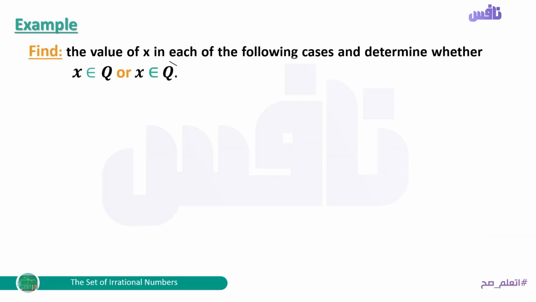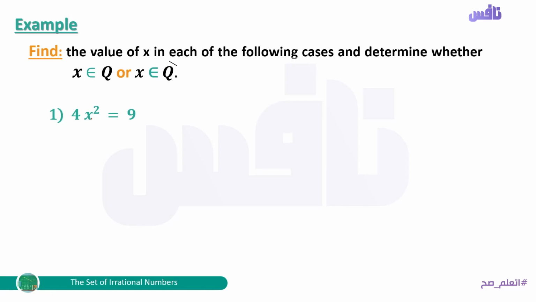Find the value of x in each of the following cases and determine whether x belongs to q or x belongs to q dash. The first equation is 4x power 2 equals 9. The first step, we make the expression or the term x power 2 alone in the left hand side.